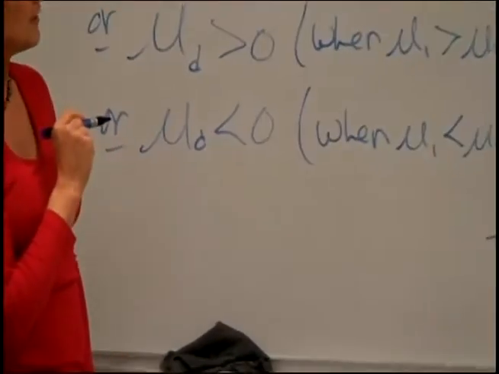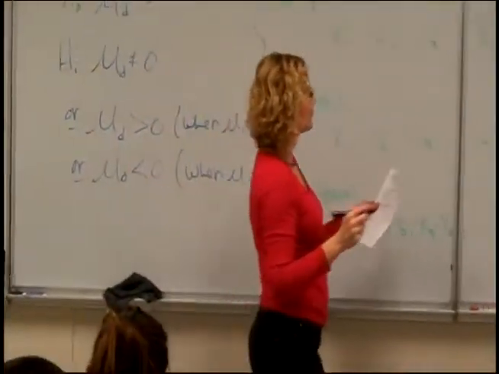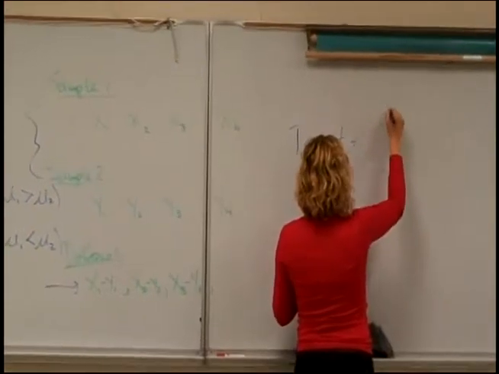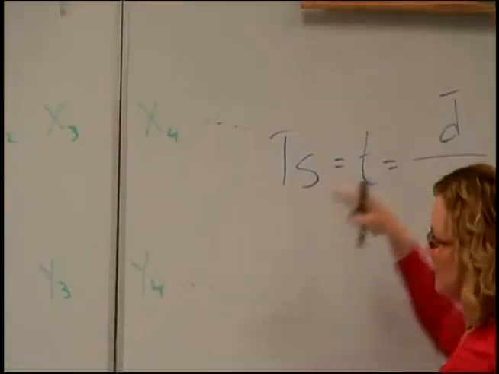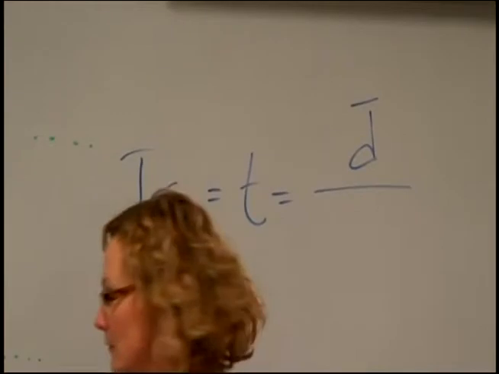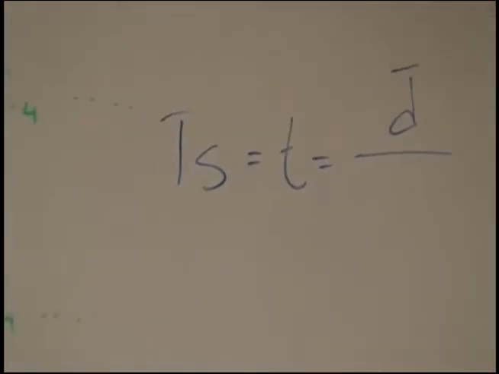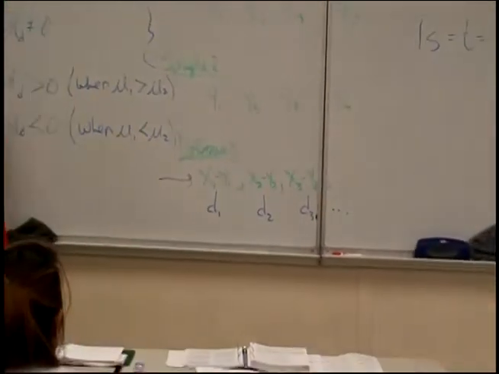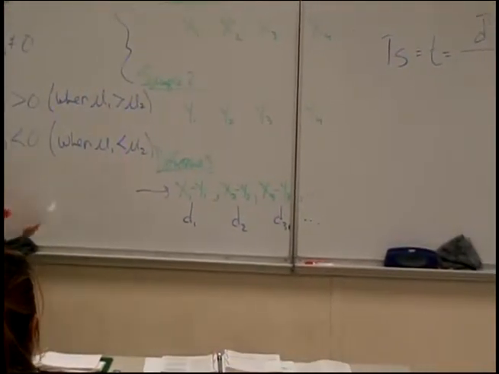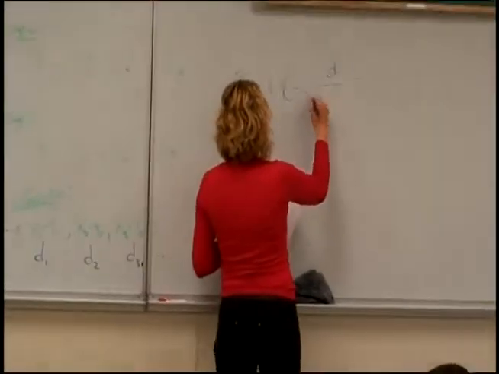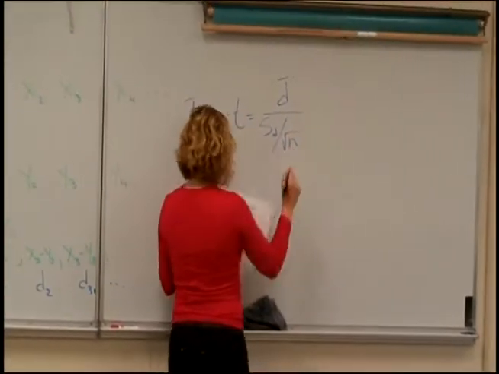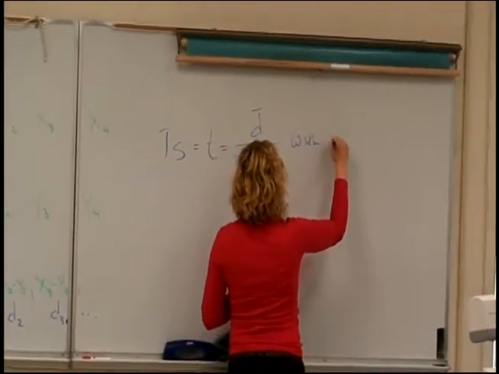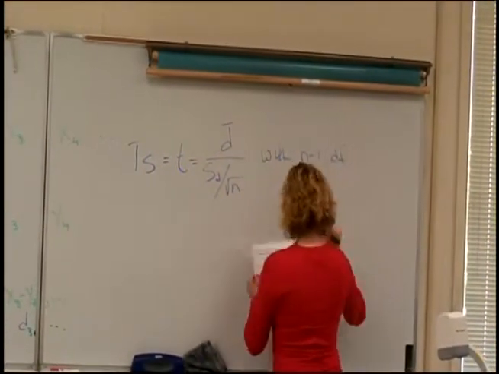So your test statistic is a t-value, and it is d bar, which is the mean of the differences, these are the d's, d1, d2, d3, etc., divided by the standard deviation of the d's over root n. And that has n minus 1 degrees of freedom.